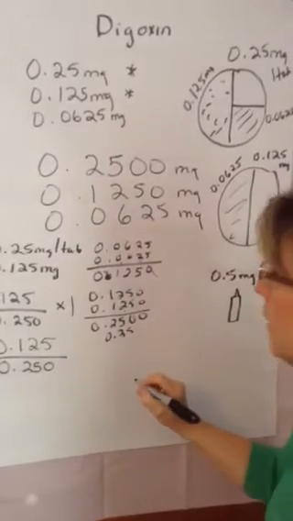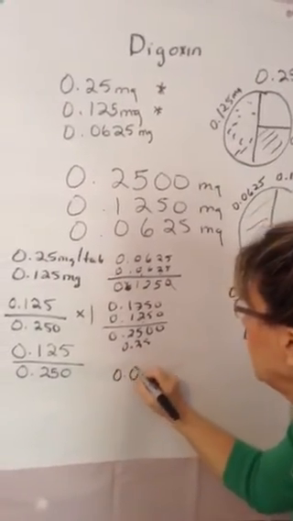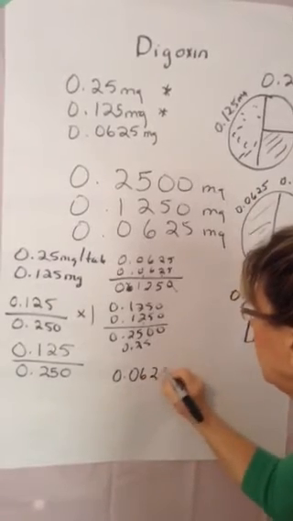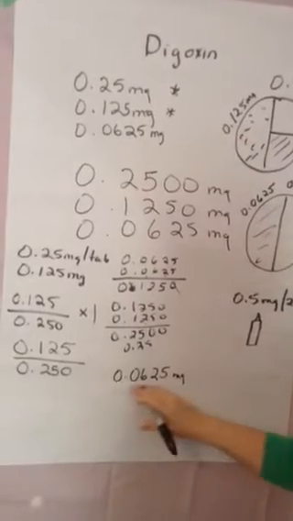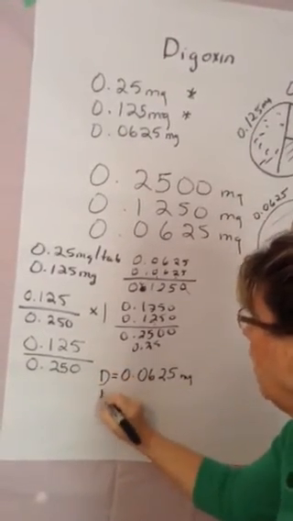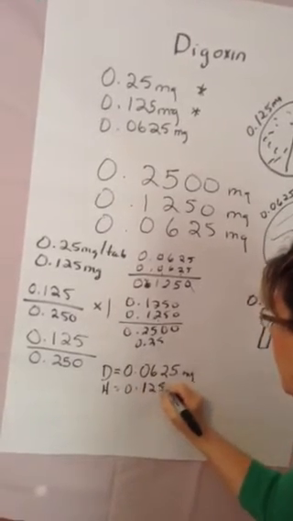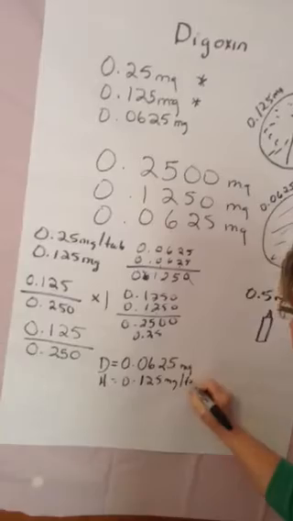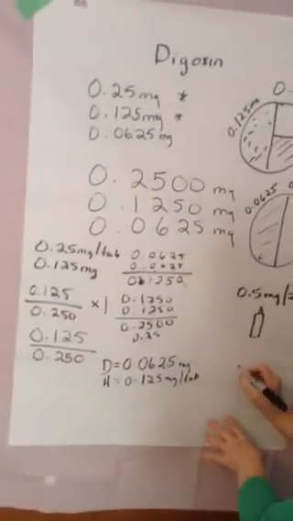Now, or if he ordered 0.25, we'd give the tab. The other digoxin order might be 0.0625. They're only needing a little bit. So that's what the doctor has ordered. On hand, we have 0.125 milligrams per tab. So, we do our formula.